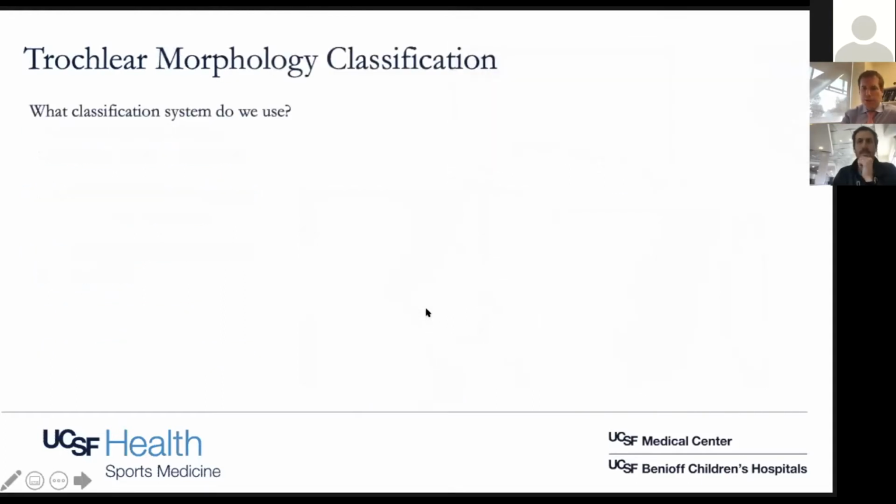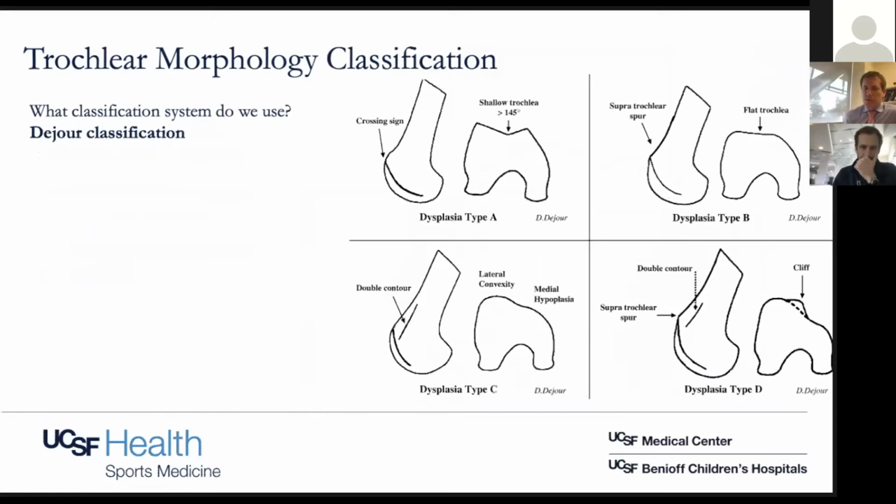And for classification, we'll use the Dejour classification. Have you guys heard of that for trochlear dysplasia? Yeah. Dejour has broken this into 4 different types, A, B, C, D. The classification is based on that lateral x-ray and what you see.